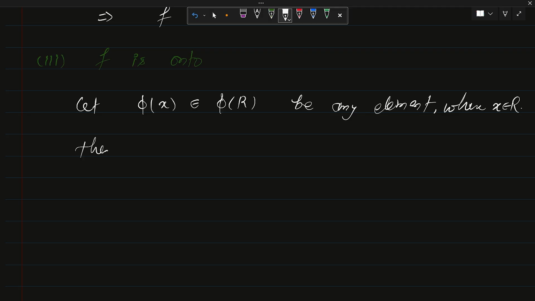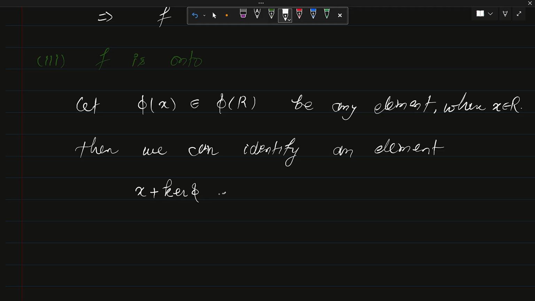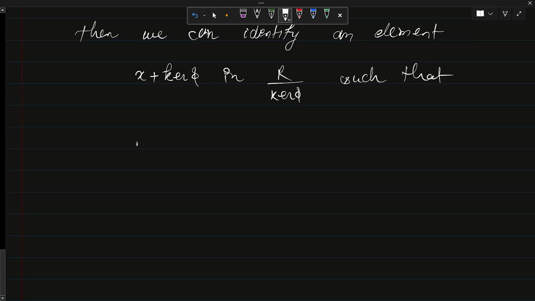Then we can identify an element x plus kernel of phi in r upon kernel of phi such that we are having this scenario that f of x plus kernel of phi is equal to phi of x. So for every member from phi of r, we are having a preimage that is x plus kernel of phi.